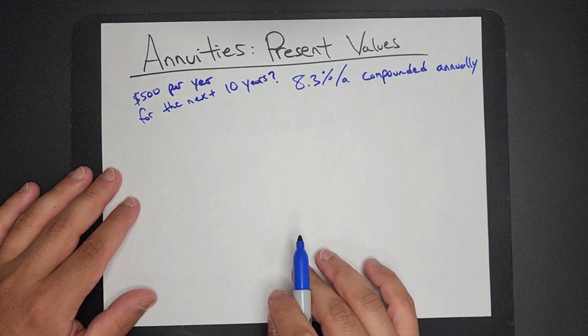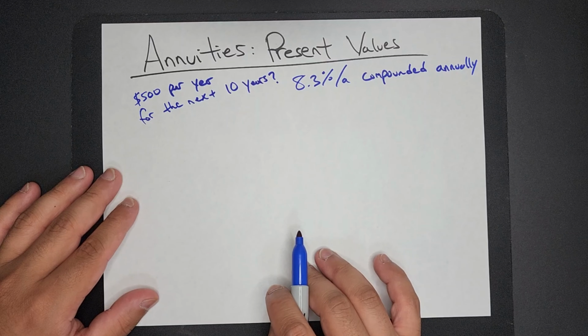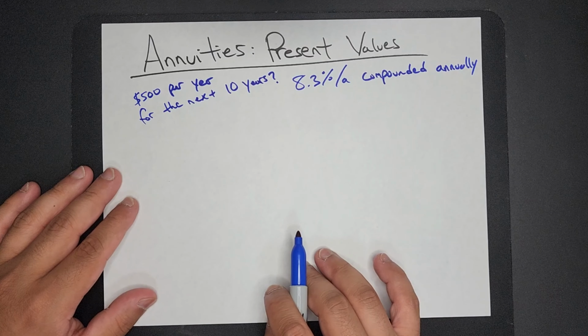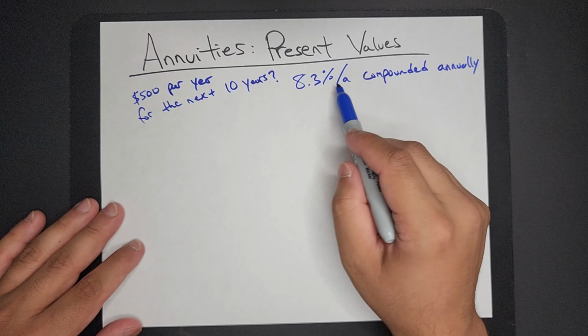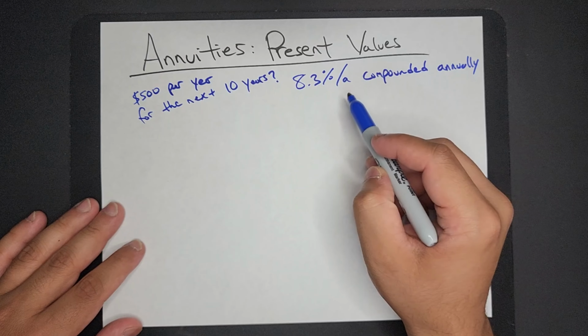That is the question at hand. So let's start looking at how we could provide this. We don't have to do any extra calculations here. Compounded annually, so my interest rate is per year.